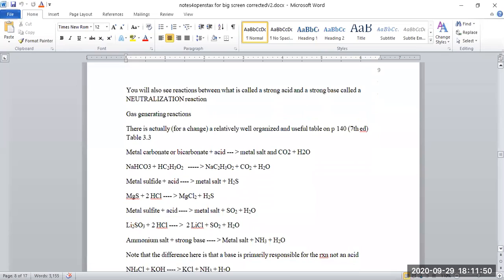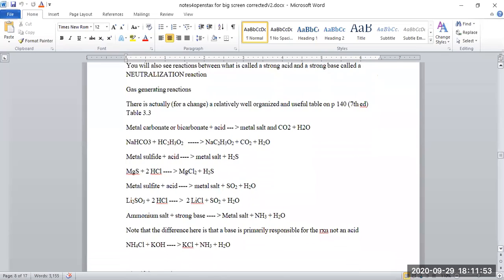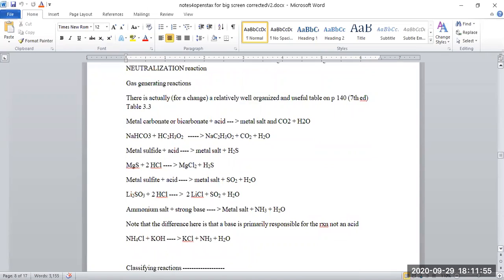One of the biggest things that you see as we begin to look at these is that a whole bunch of these have 3 products, one of which is a gas. So if we look at the first one, we can start with the generic description.